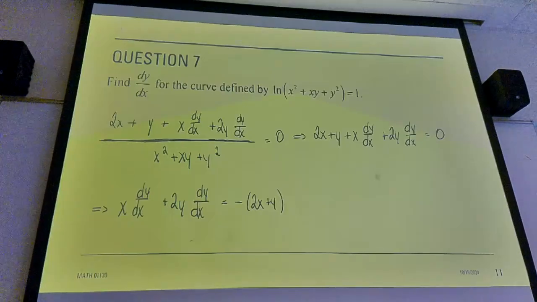And I'll write it that way so I have as few negatives as possible. Now what?